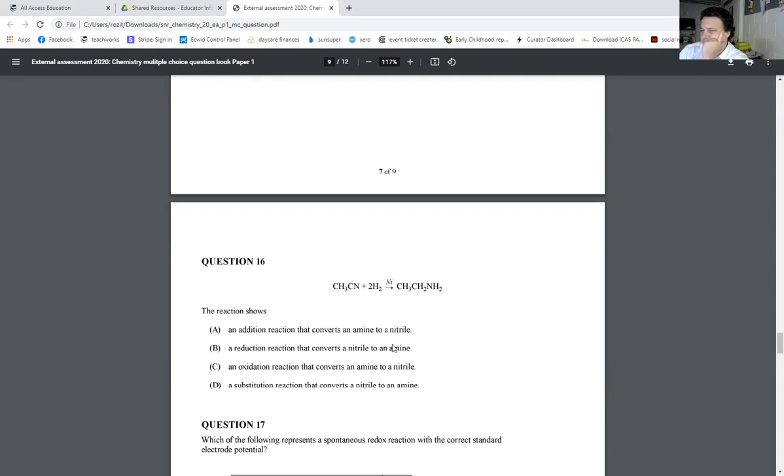And it's a reduction reaction, because what we're doing is reducing the number of bonds. So we have a triple bond between nitrogen and carbon in a nitrile. We reduce that to a single bond. So it's a reduction reaction.